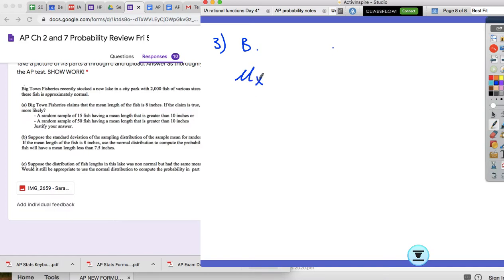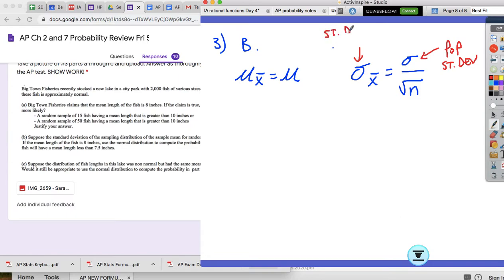We have this formula and we have this formula. You really have to understand your symbols. This is the population standard deviation. And this is the standard deviation of your sample means.